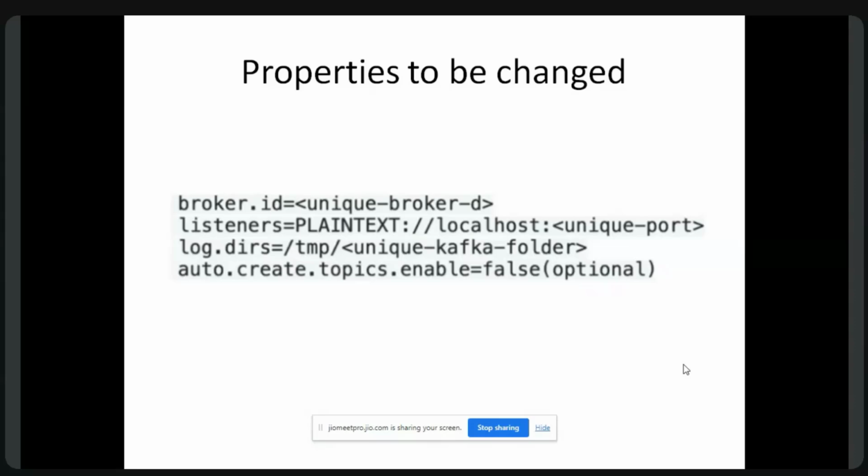And the fourth one is auto.create.topics.enable. So this will automatically create topics. But if you don't want it, then you can make it false. By default, it will be false only, and this property is optional. So this property we did not configure yesterday. But if you want any topic to be created automatically during the Kafka start, then you can make it true.